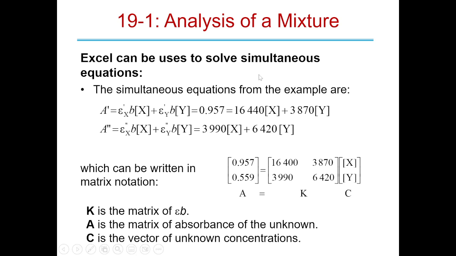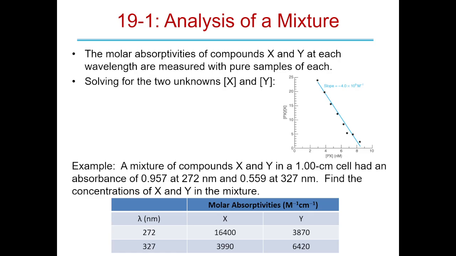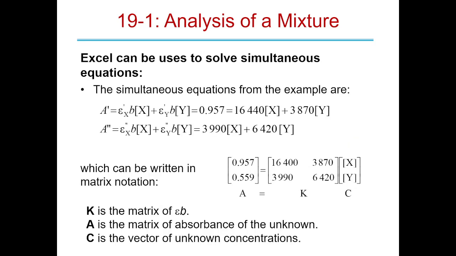This is times 1, times the concentration of species X, plus the extinction coefficient times the concentration of species Y. Everybody's good with why this has a different absorbance and a different extinction coefficient for this absorbance double prime, right? Because it's a different wavelength. In this case, it's 327 nanometers. Okay.